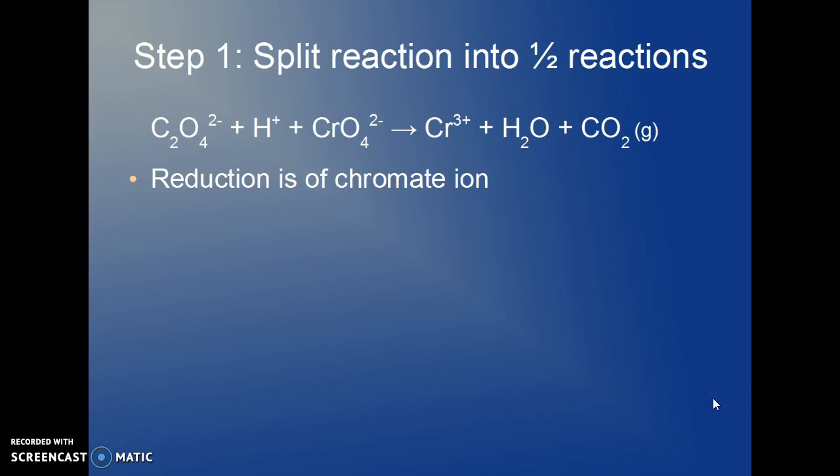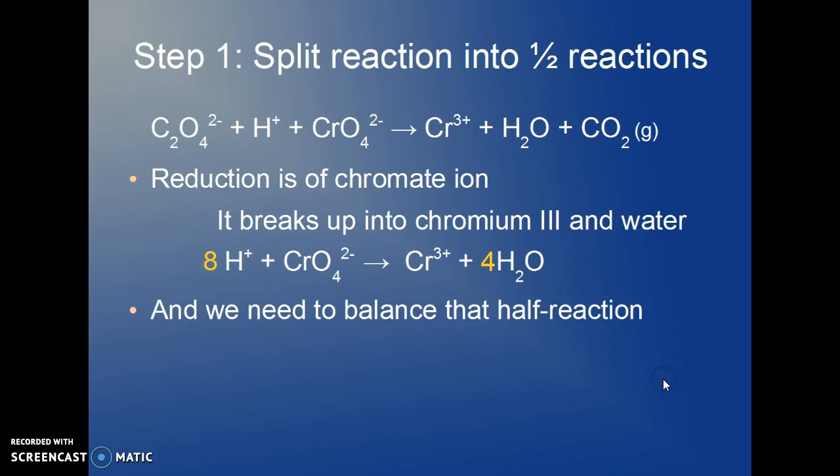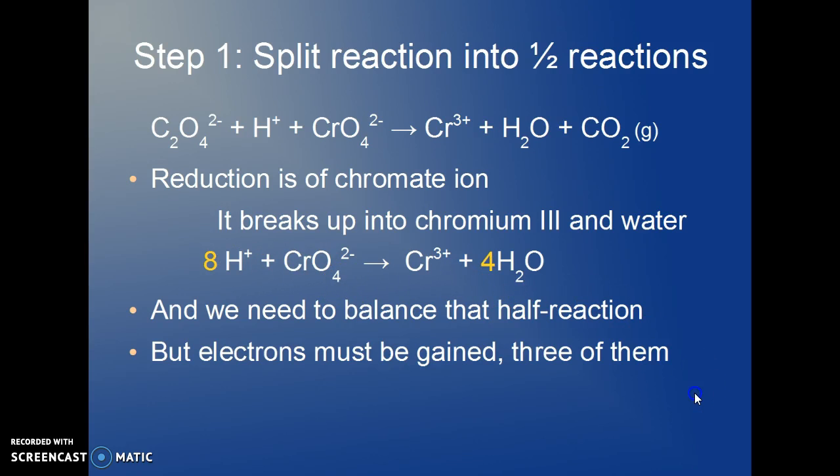Continuing, reduction is of the chromate ion. It breaks up into the chromium 3+ and water. To do so, though, to make water, you have to react hydrogen ions with these oxides here in the chromate. And we need to balance that half reaction with 8 hydrogen ions for the 4 oxides, making 4 waters.